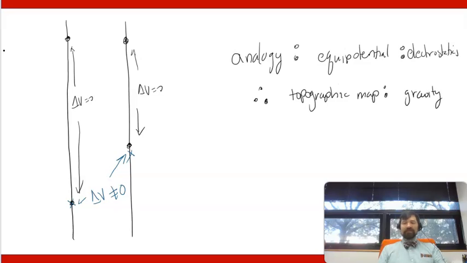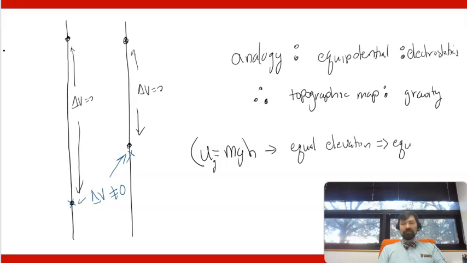And in fact, a topographic map is a gravitational equipotential energy map, because U is equal to mgh if you're dealing with gravity. So equal height lines, equal elevation, is equal to equal energy.